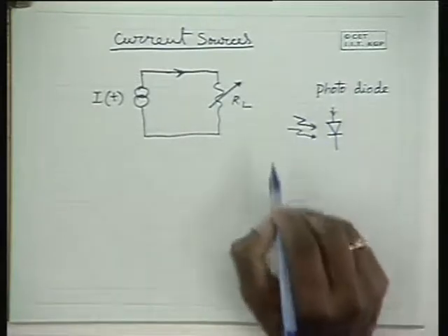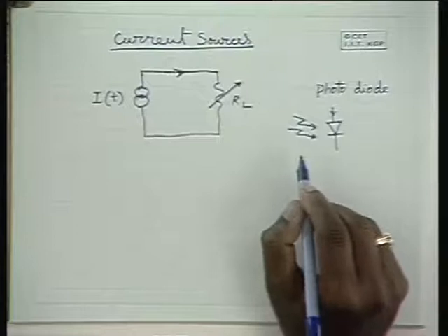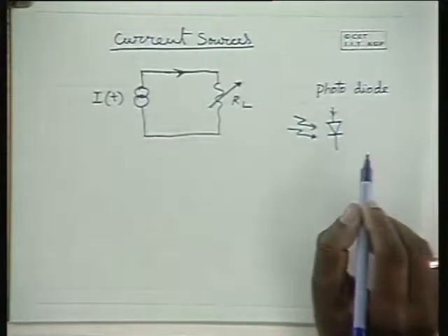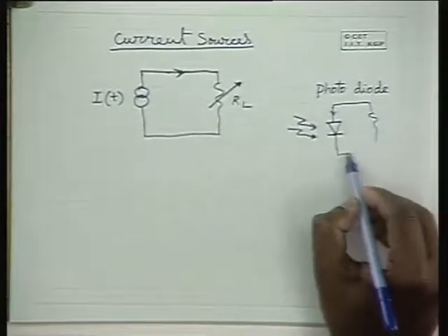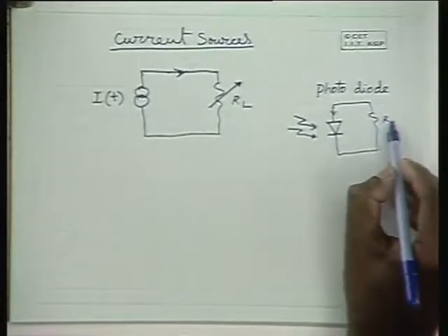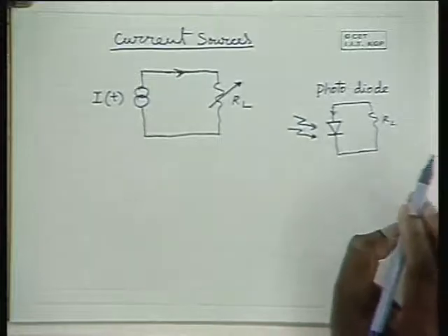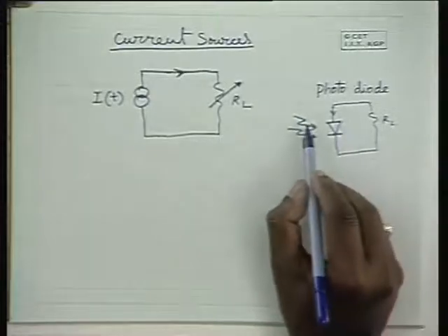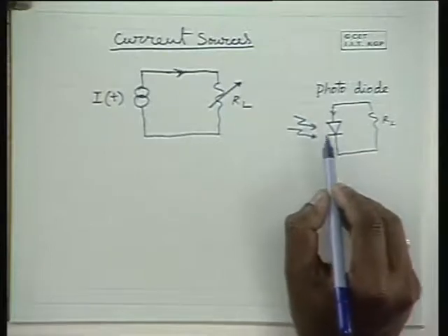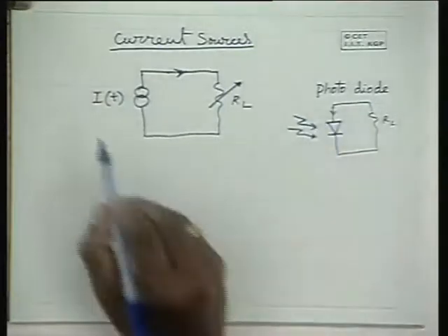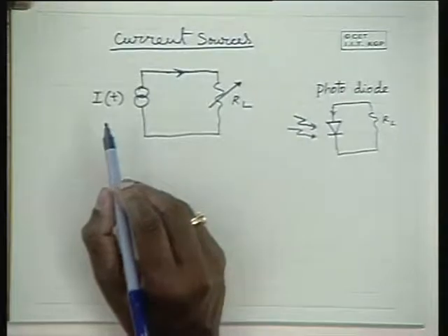Current is proportional to the light intensity and not the load resistance. Well, the voltage is proportional to the current that flows when you pass it through a load resistance. That is a different matter, but the current is almost independent of load resistance, and that is only proportional to the light intensity. Hence, a photodiode can be treated as a current source.